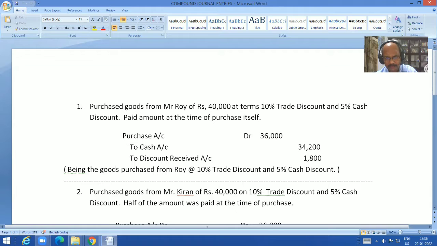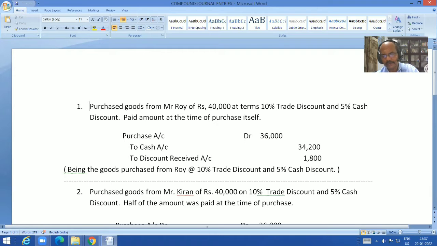So here it is discount received. Why has discount received been credited? It's a nominal account, credit all gains. Why has purchase been debited? A number of times we have discussed, purchase of goods, real account comes in, hence debit. Why has cash been credited? Cash, a real account, goes out, hence credited.